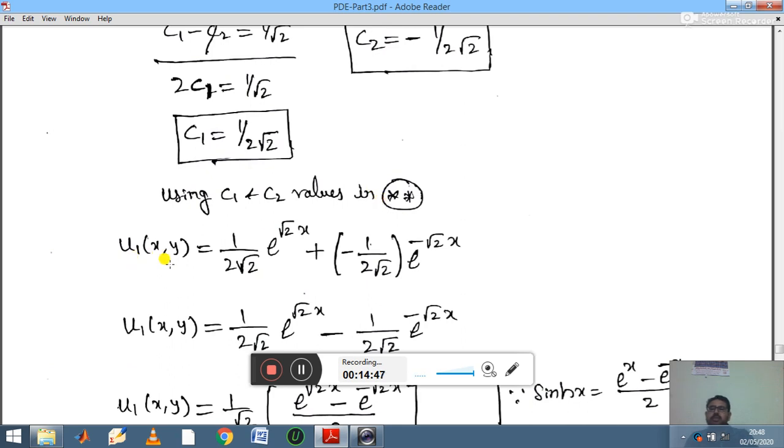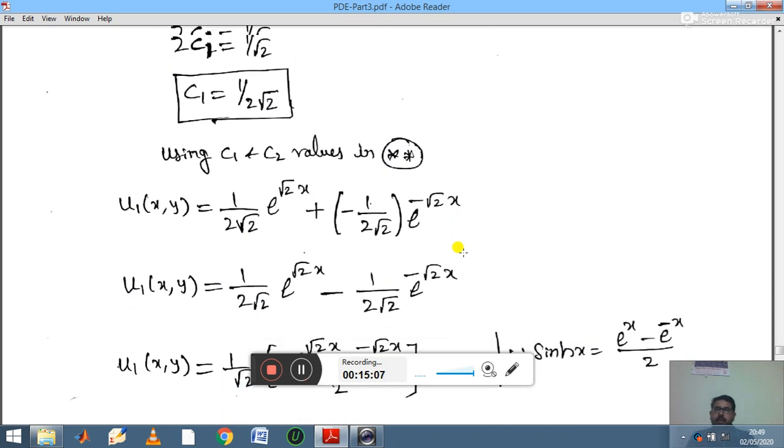Therefore your equation double star becomes u1(x,y) = 1/(2√2) e^(√2 x) plus, in brackets, the c2 value, −1/(2√2) e^(−√2 x).